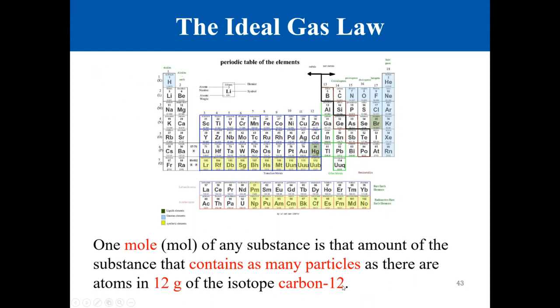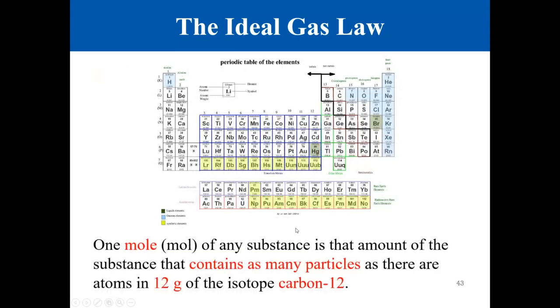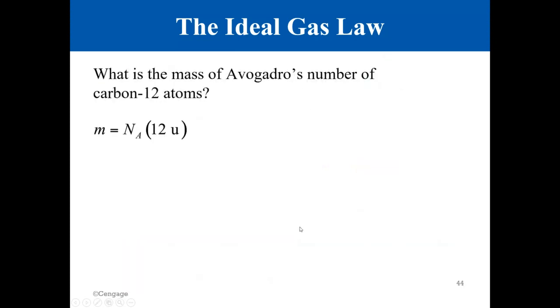So 1 mole of carbon weighs 12 grams. In plain English, if you bring 6.02 by 10 to the power 23 atoms of carbon, the mass will be 12 grams. This is what we mean when we say the molar weight for carbon is 12. Okay?